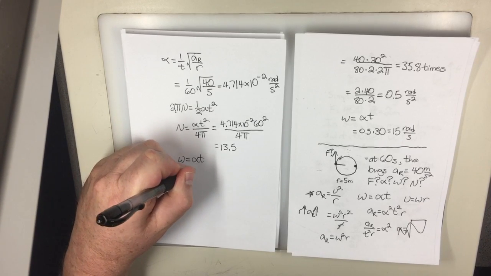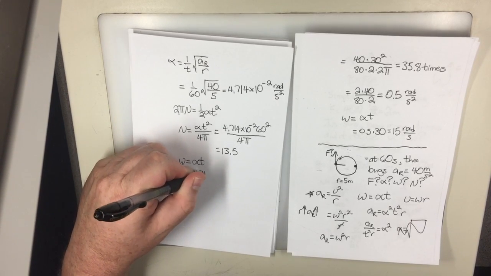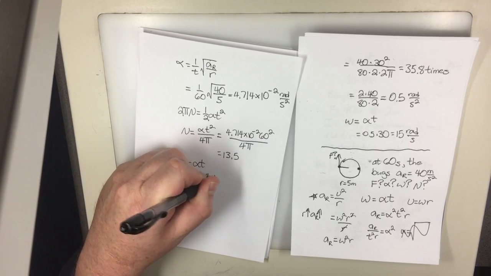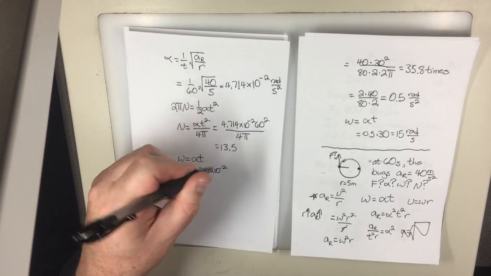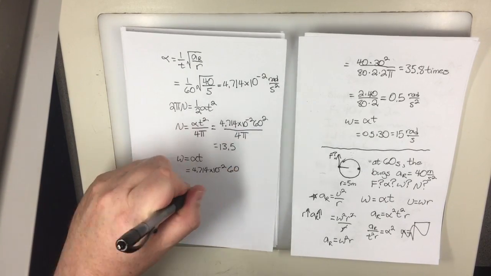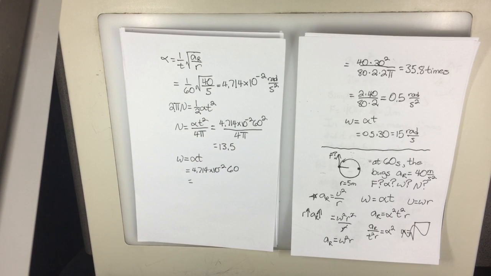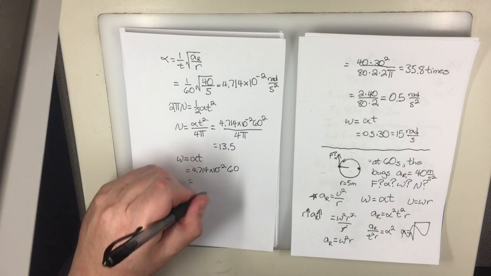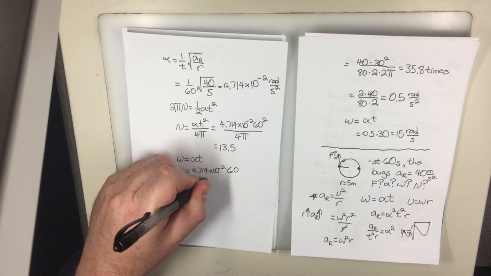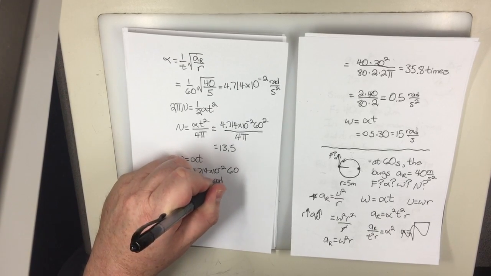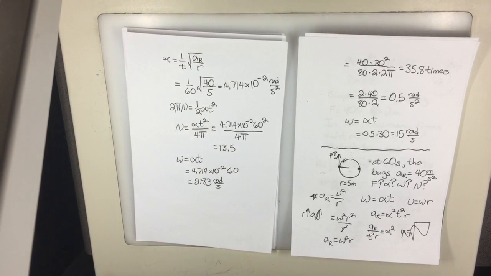Alpha is 4.714 times 10 to the negative 2. Time is 60. So my final omega is 2.83 radians per second. And that's my final omega.